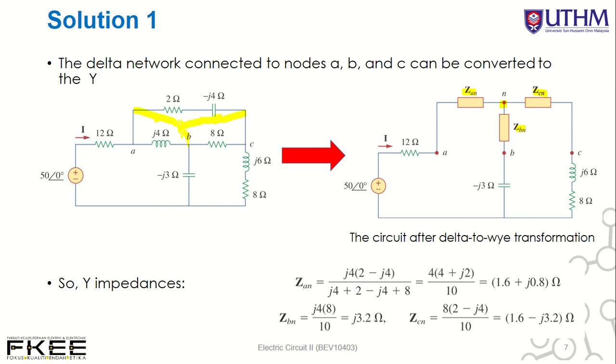So yang sebelah dia adalah J4 darab dengan J8 divided by total. Total lah. This total equal to 10. Okay. Similarly to ZCN. ZCN minus J4 or 8 ohms times minus J4 divided by total. Total equal to 10. Okay. So you will get ZAN, ZBN, and ZCN.